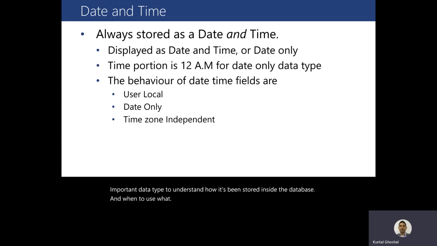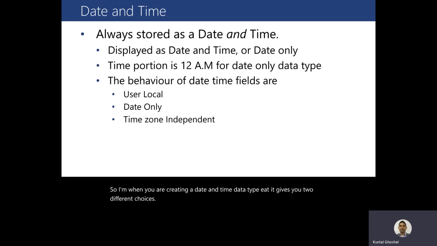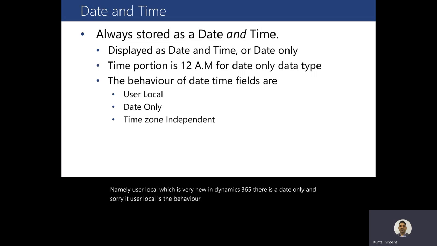When you are creating a date and time data type, it gives you three different choices. Namely user local, which is the behavior that existed even in the previous version, date only, and the new one, which is time zone independent.